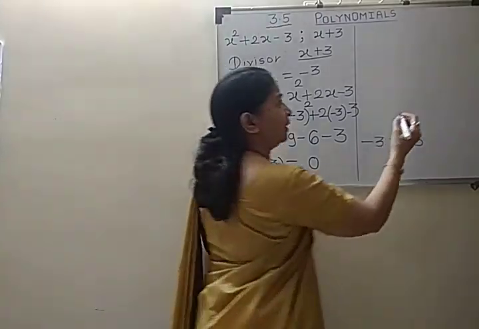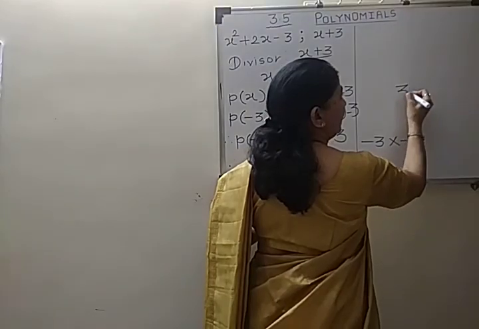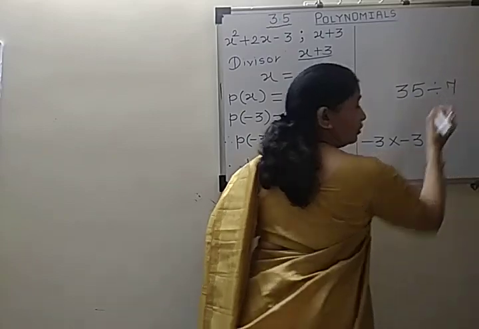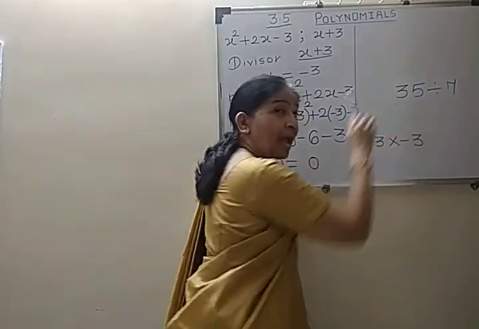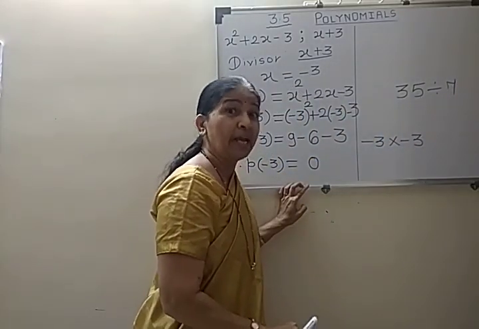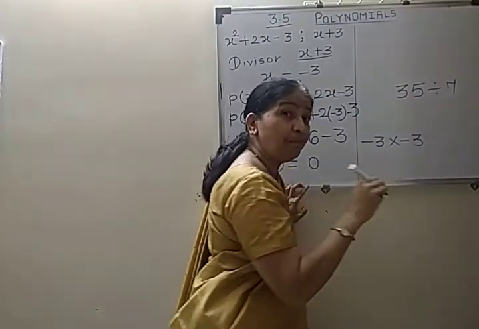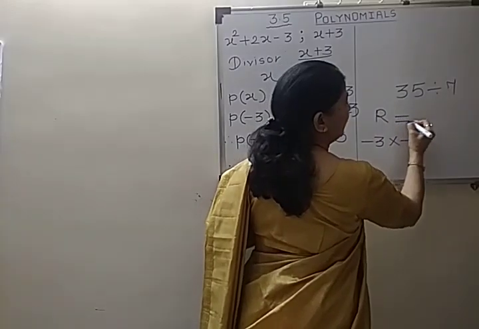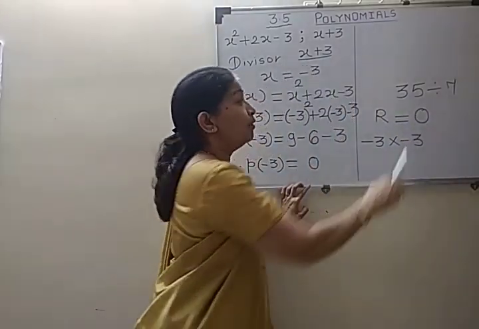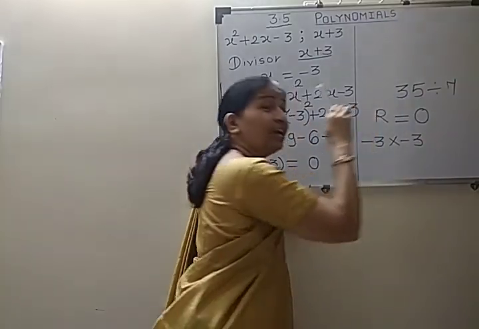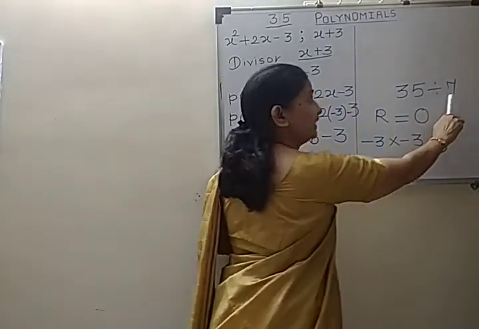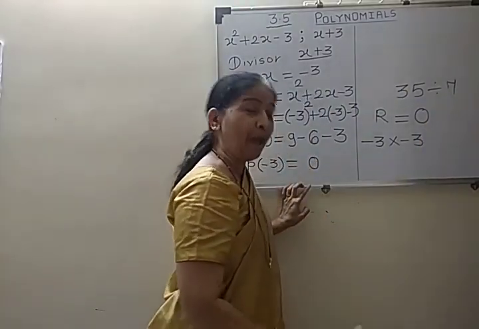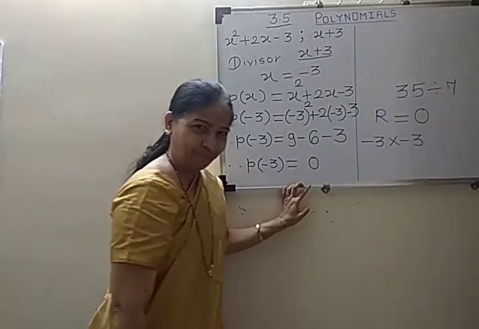See the example. If I am dividing 35 by 7, 7 fives are 35 and the remainder will be 0. When the remainder is 0, I say that 7 is a factor of 35.